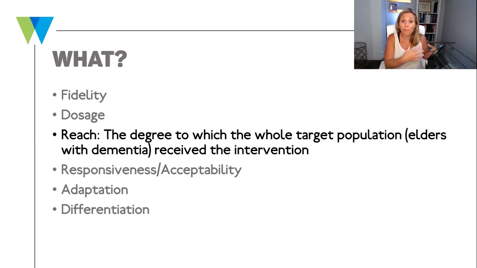Maybe we're missing a particular demographic of elders with dementia that we mean to be intervening with, but for some reason our recruitment strategies or our rollout plan is not satisfactory for one particular subpopulation. So reach measures, do we have representation from everybody in our target population? Are we reaching the people we think we're reaching?